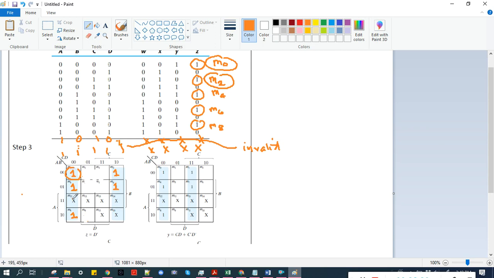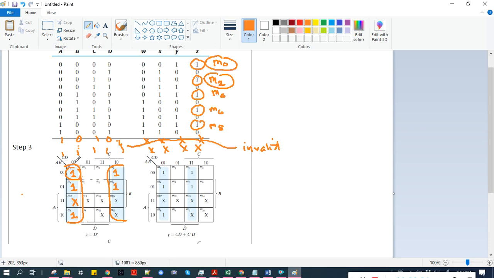Since this is don't care, you can assume it's 1, so this can be considered, and this. We know that we can combine the two. They are considered adjacent if they are on the edges. And what is that? A, B, C, D. This is D. What is common to these two rows?